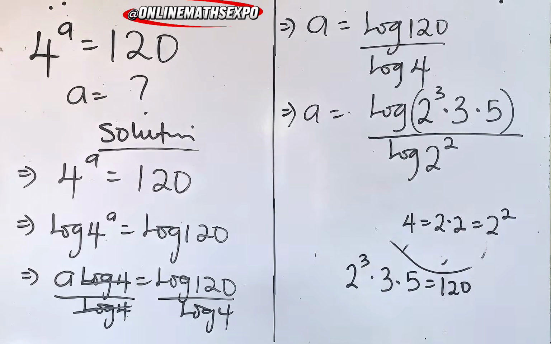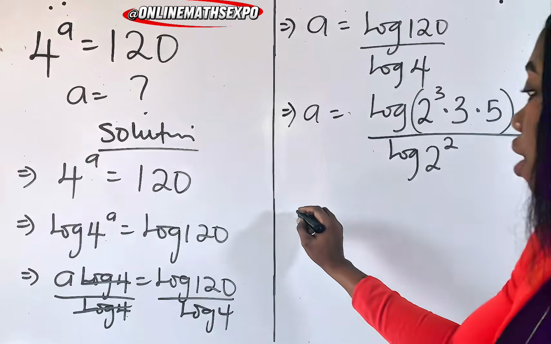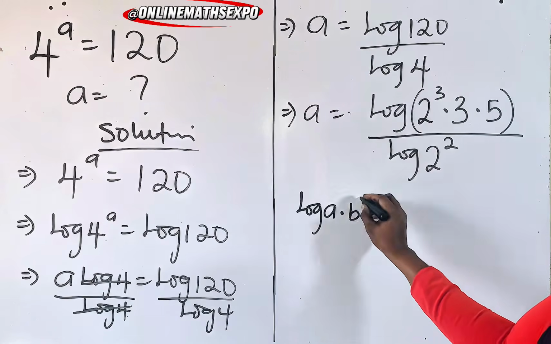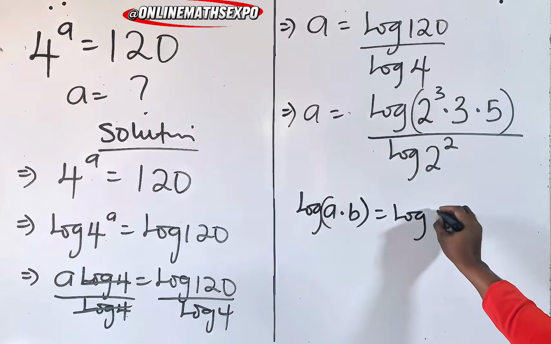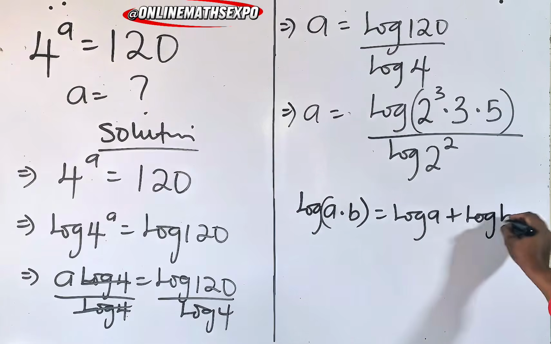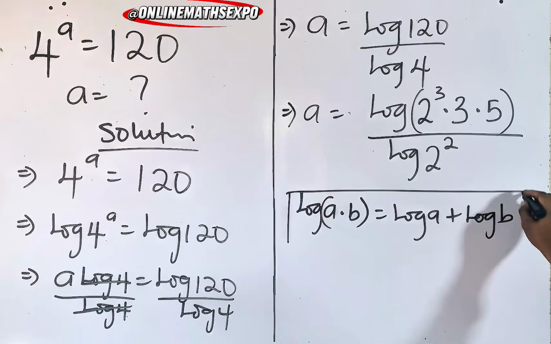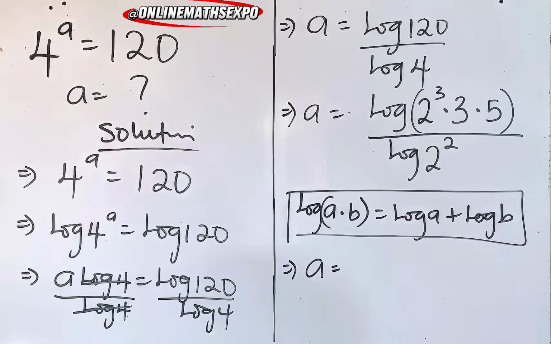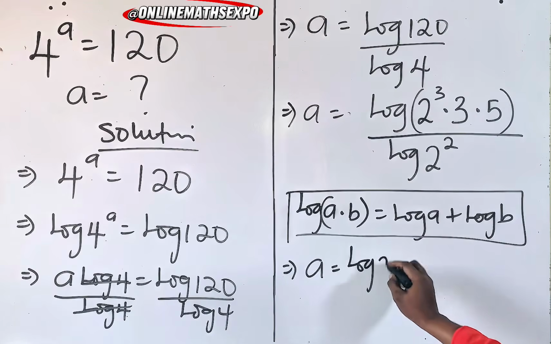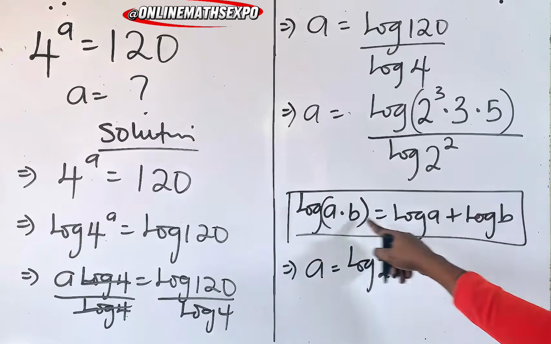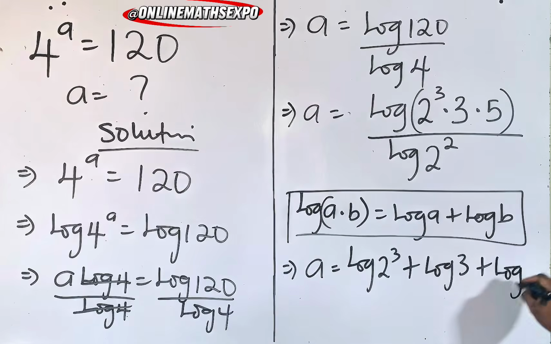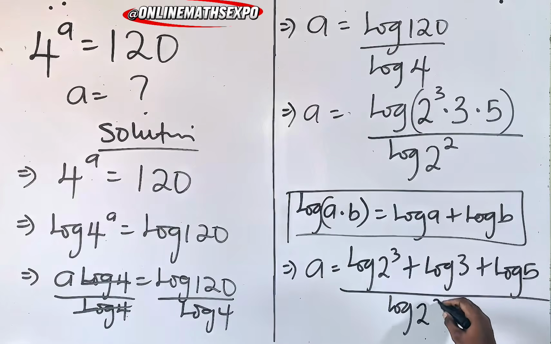We keep simplifying. Now remember also that for every log of a multiplied by b is always log of a plus log of b. So if you apply this rule on the numerator, we are having a is equal to log of 2 cubed, multiplication turns to addition, so we have log of 3 plus log of 5, and this is divided by log of 2 squared.